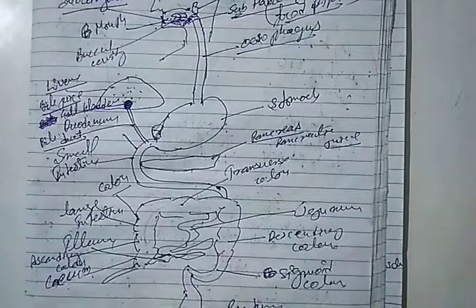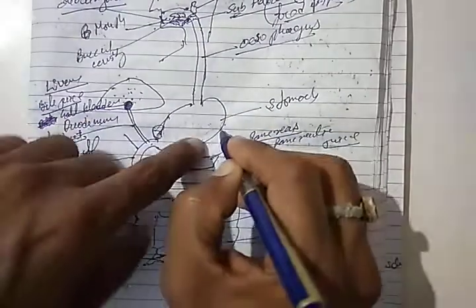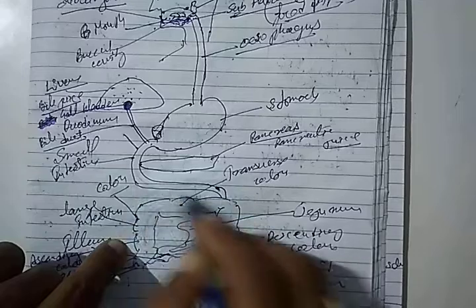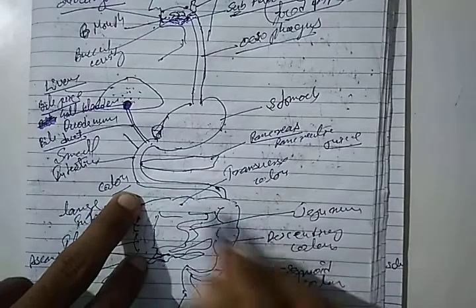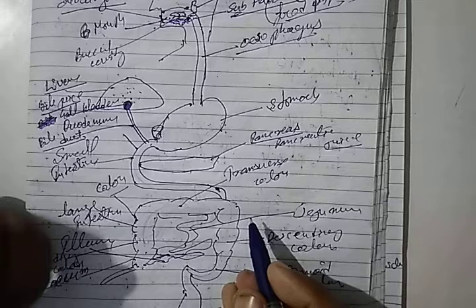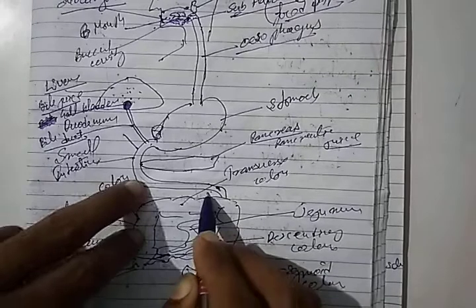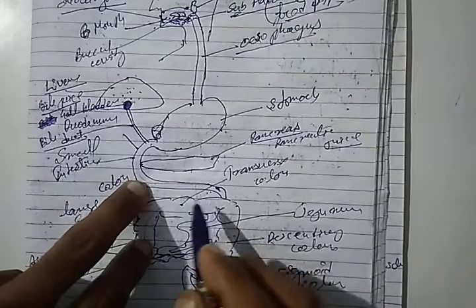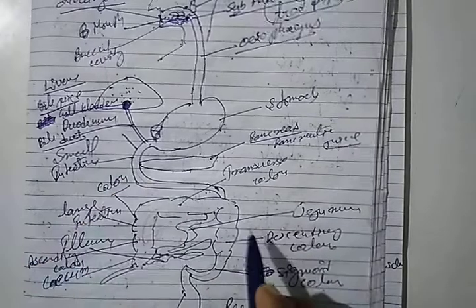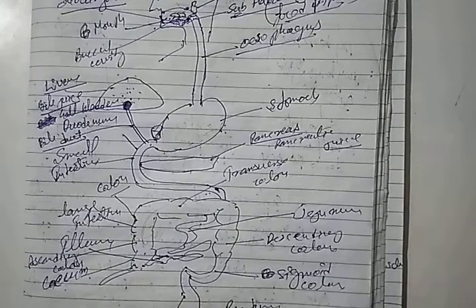Some other glands are also present, like the gastric glands present in the stomach, and the small intestine. The jejunum part also secretes some digestive enzymes, and the digestive juice produced by the jejunum is called intestinal juice.